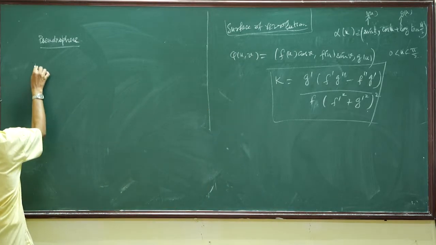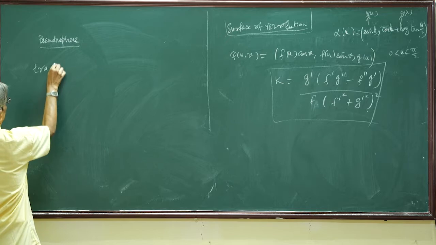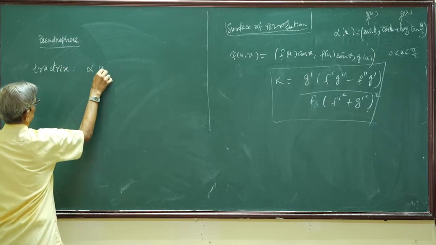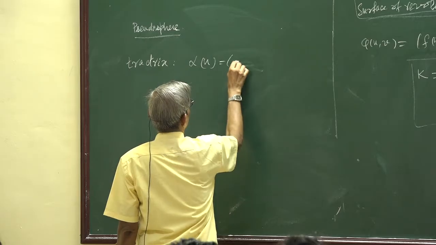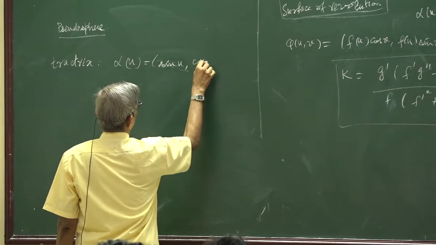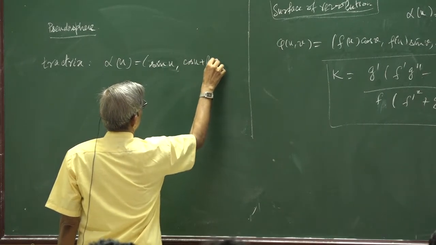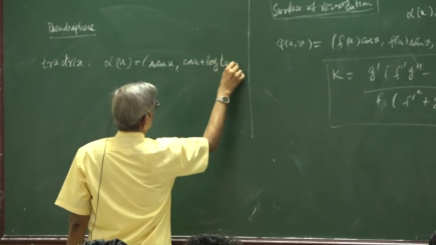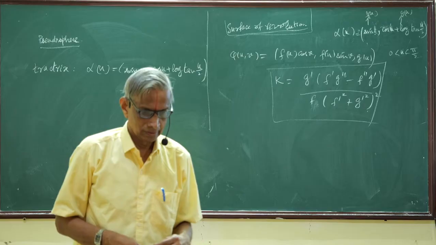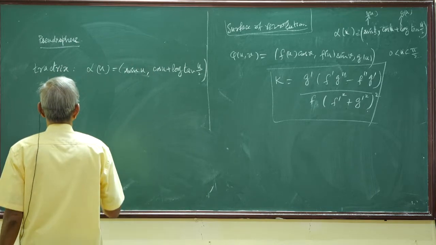Tractrix alpha(u) is equal to (sin u, cos u plus log tan u by 2). Okay, this is a profile curve.